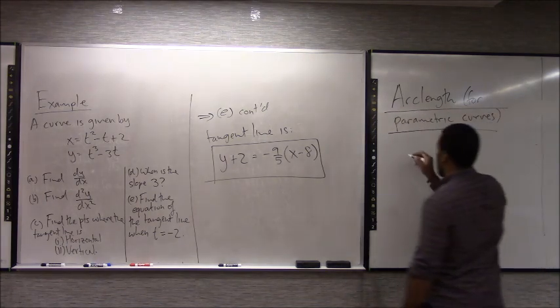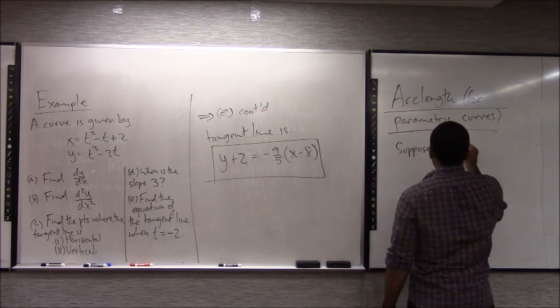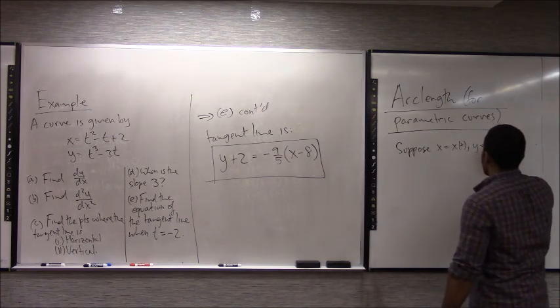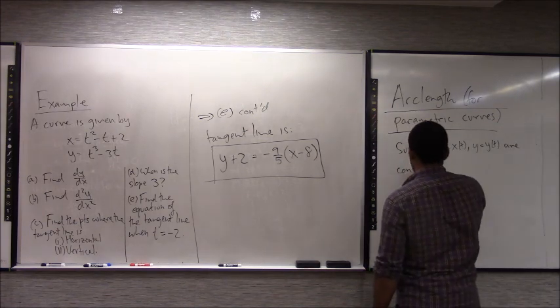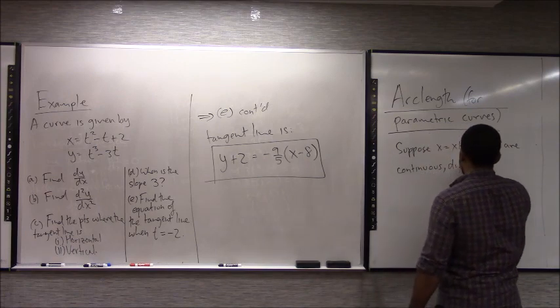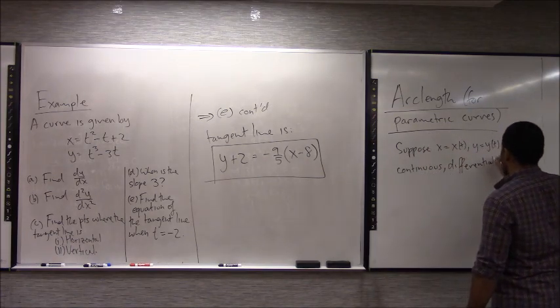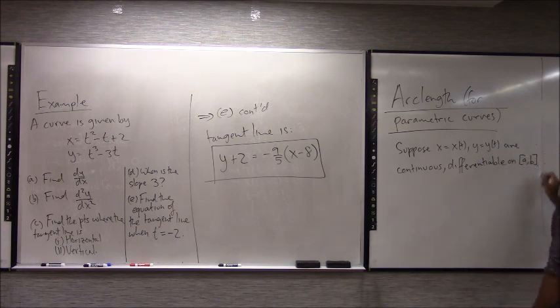So, suppose x equals x of t, y equals y of t are continuous and differentiable on some interval AB.